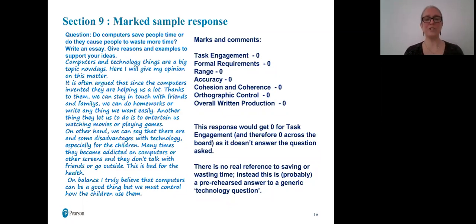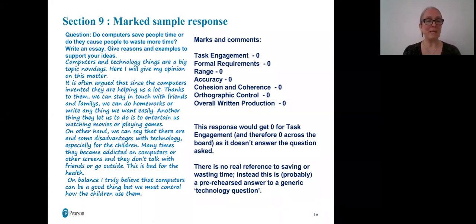So, unfortunately, this response scored 0 because it was considered not to have engaged with the task, and therefore the remaining traits were not marked. So I hope you can see that there isn't any kind of reference to computers in relation to saving or wasting time.